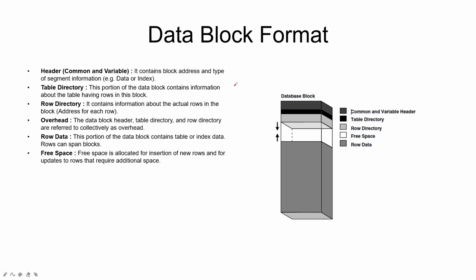This portion of the data block contains table or index data. The rows can span across blocks. If it can't store all the information in a particular block, it can span across multiple blocks. Now the last one is the free space. This free space is allocated for insertion of new rows or updating of the existing rows.